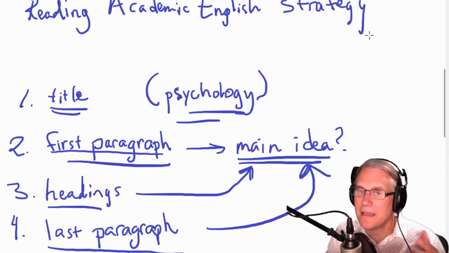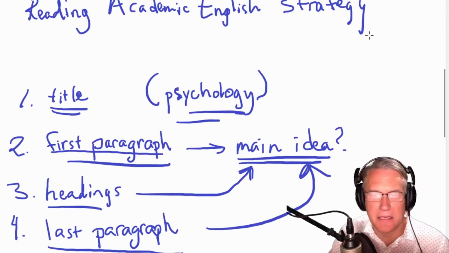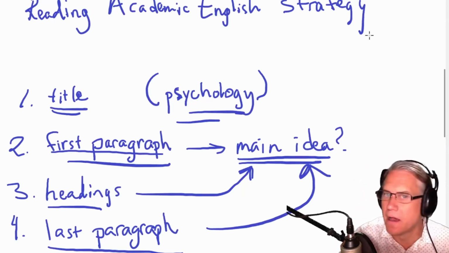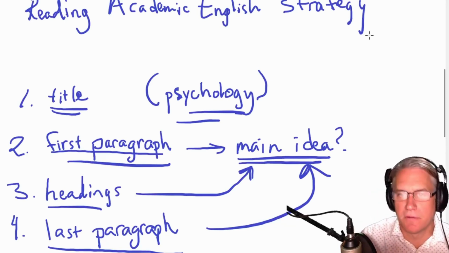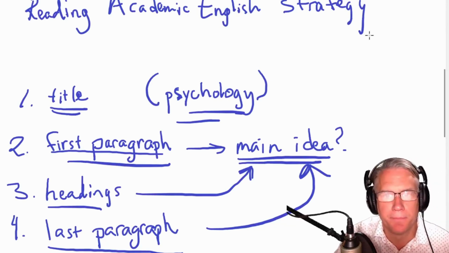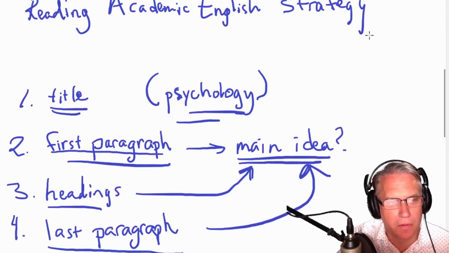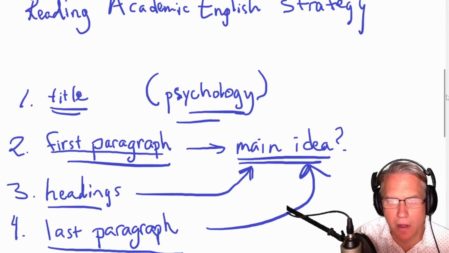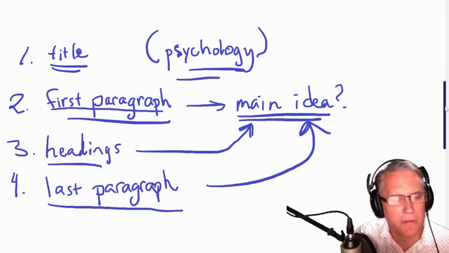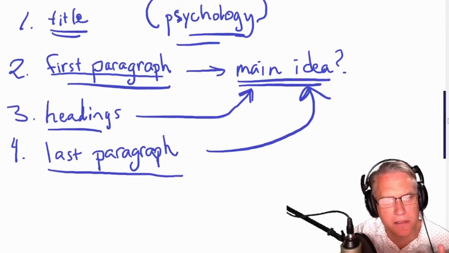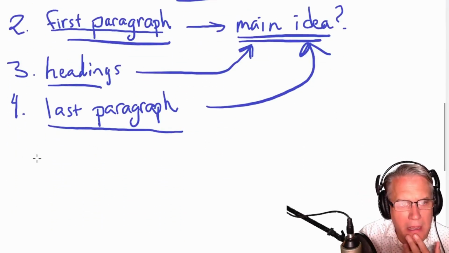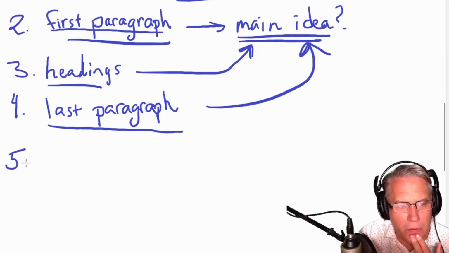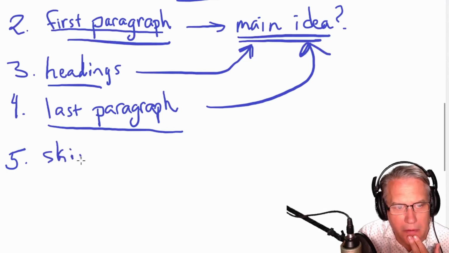It is not a case study. It is not a textbook. It is not a novel. It's not a screenplay. Specifically for an article. All right. So, wonderful. We have title, first paragraph, headings, last paragraph. Then we will skim the article.